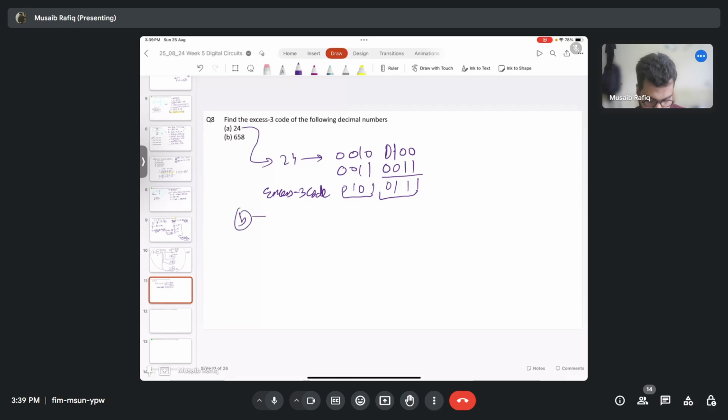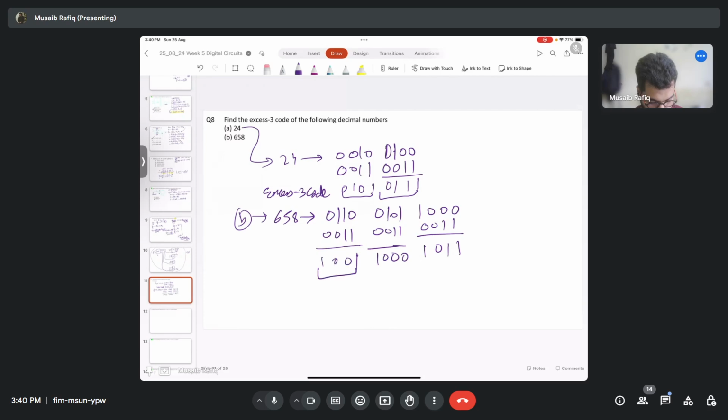And part B, that is 658. I'll have here 0110 0101 1000. So adding 3 to all individual BCD numbers, I'll have 1001 1000 1011, the excess 3 of 658.